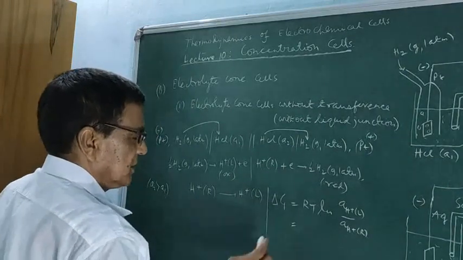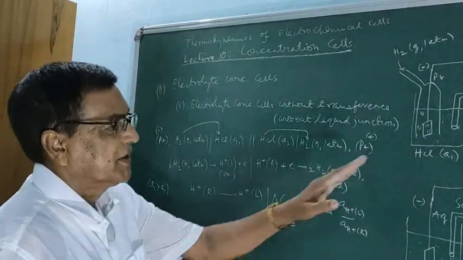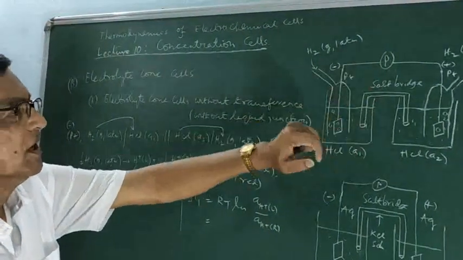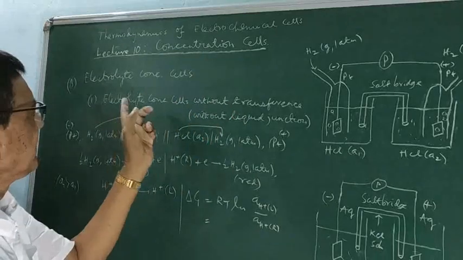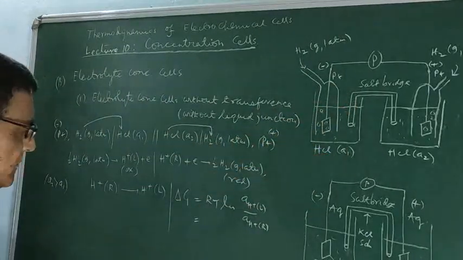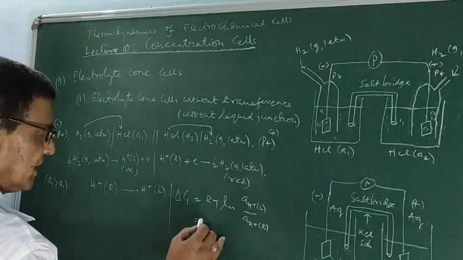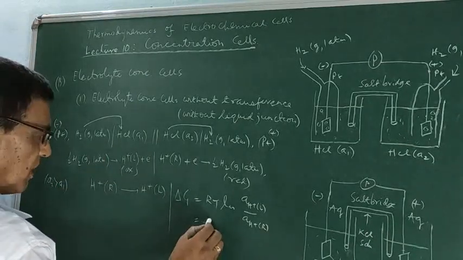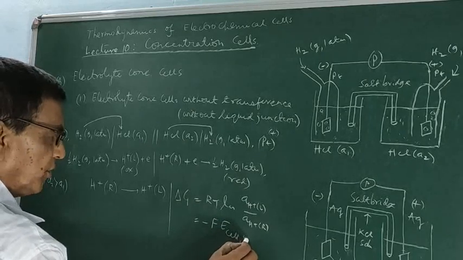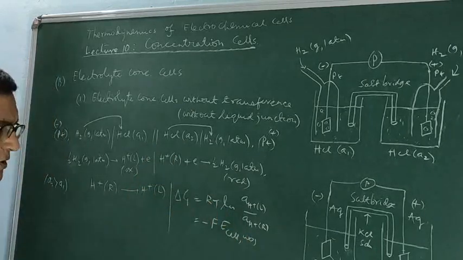Whenever this free energy decrease is converted into electrical energy by this device, which we call the electrolyte concentration cell without transference, we can write, with 1 electron involved, minus F times E cell without liquid junction.